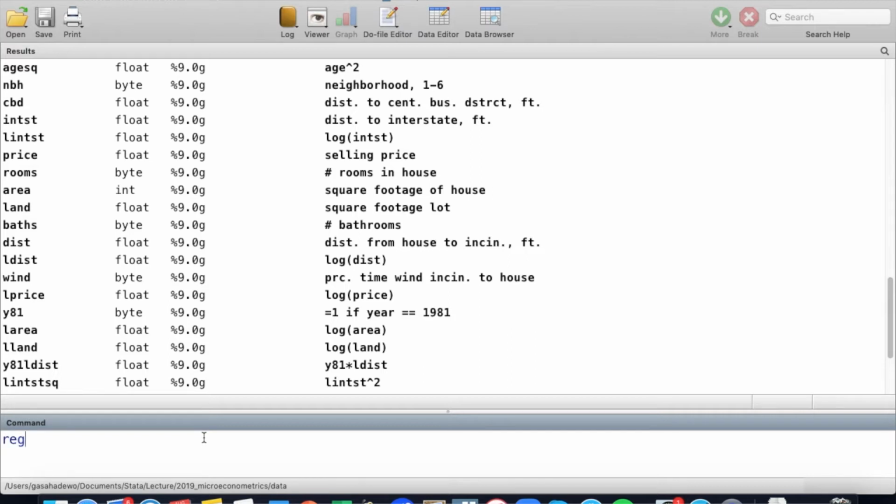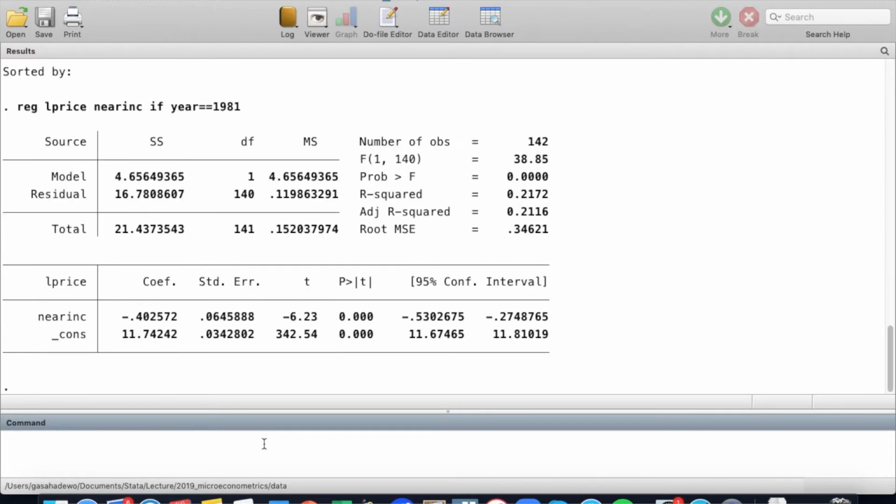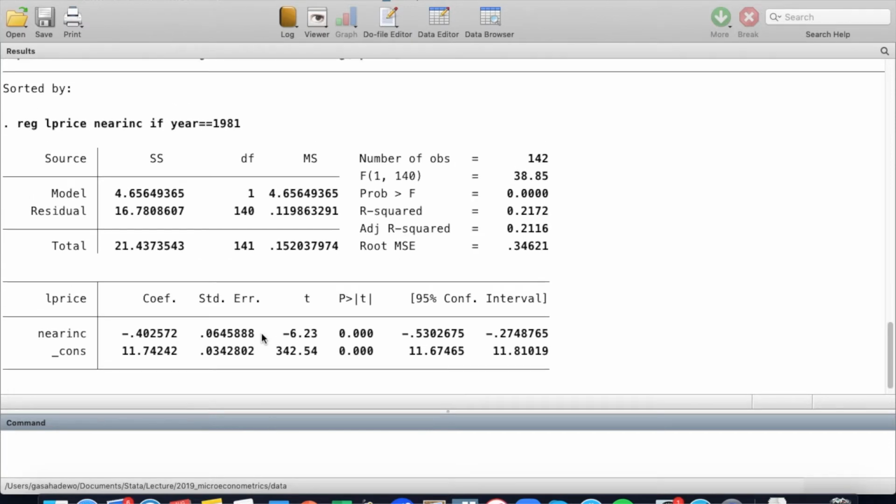So what I want to do is a simple linear regression of log price on an indicator, a binary variable called near inc, after the incinerator was implemented, which is in 1981. Okay, let's hit enter and see what the result is.